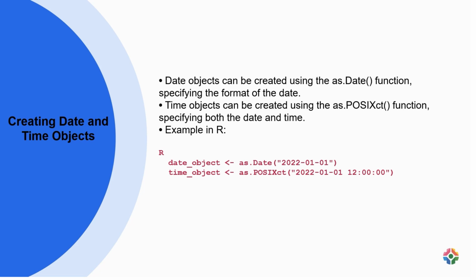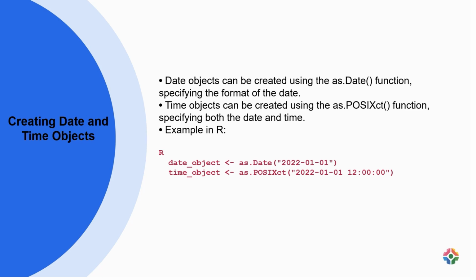For instance, as.Date 220101 will create a date object representing January 1st, 2022. Time objects can be created using the as.POSIXct function in R, by providing both the date and time information in the specified format.